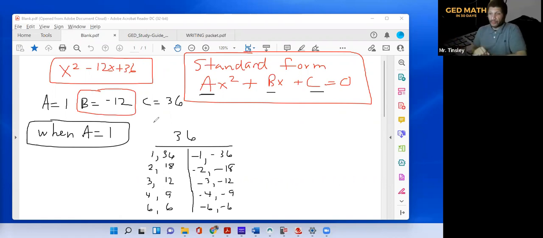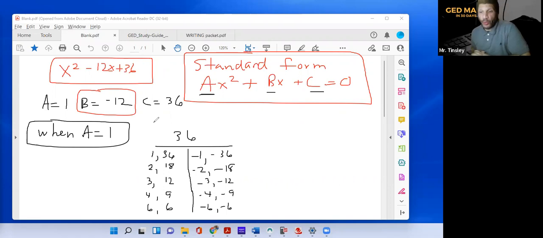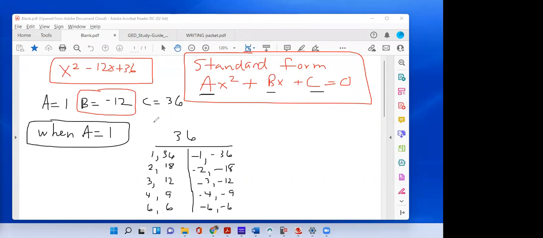Which pair of all these pairs, I have 10 pairs, would give me -12? 3, -3, -12, 12. Nope. Which pair, when you combine those pairs together, will give you -12? So this is multiplying, right?